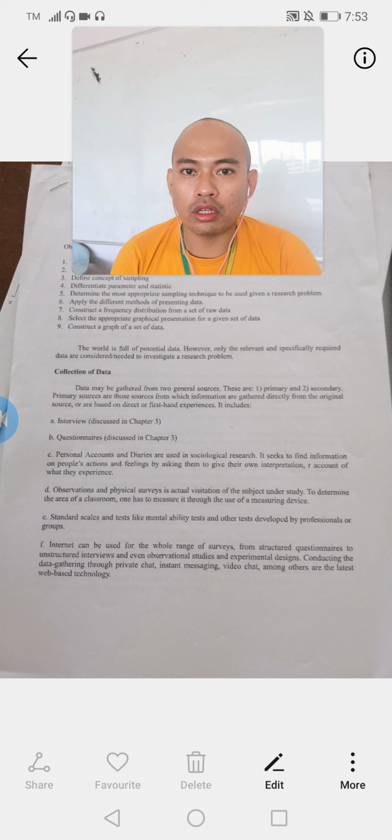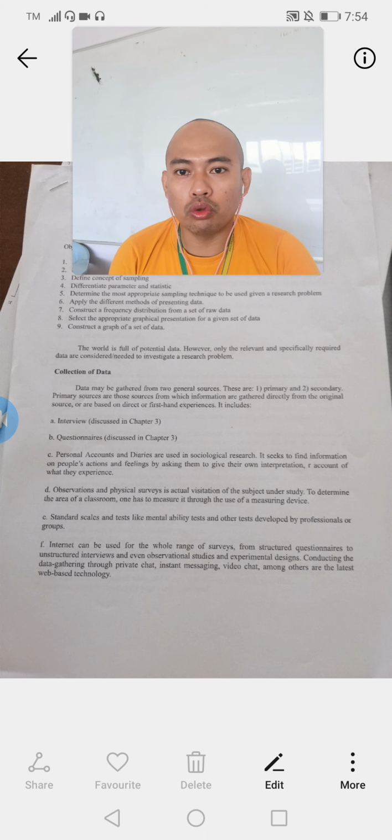The first one is the primary source, while the second one is the secondary source of data. Now, when we say primary source of data, these are sources from which information is gathered directly from the original source or based on direct or first-hand experiences by our respondents.